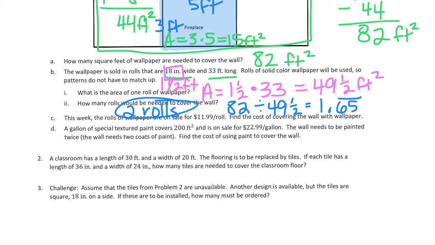So I am going to multiply 2 times $11.99 to get my answer. So $11.99 times 2, do this on your calculator. I am going to have to spend $23.98.